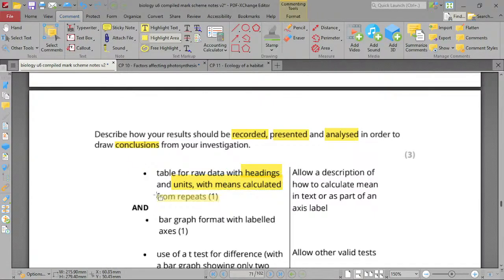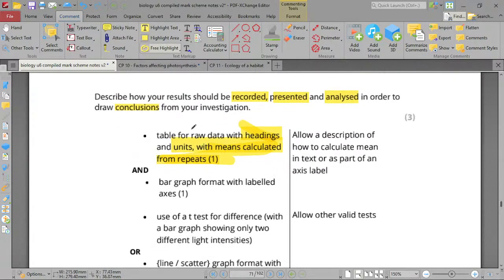This is all pretty standard because we were asked to do repeats and calculate the means already, and also add in headings. So that's also important. And I'm pretty sure they make it really important that you're supposed to use the raw data. So initially, to record your data, you're going to be placing it in a table.